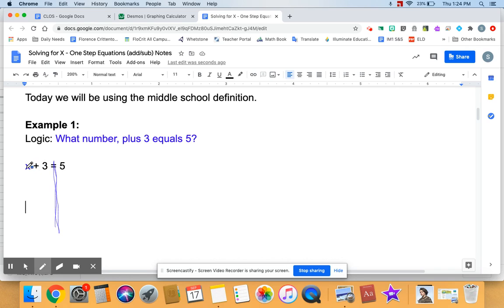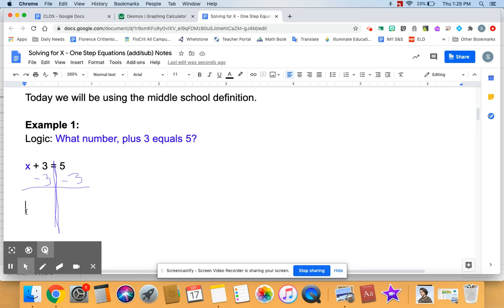There's an x, and then there's a plus 3. I want to eliminate this plus 3. How am I going to get rid of adding 3? I'm going to use the inverse of adding, which is to subtract. But if I bring my left side down by 3, to make sure my 2 sides stay equivalent, I also have to bring my right side down by 3.